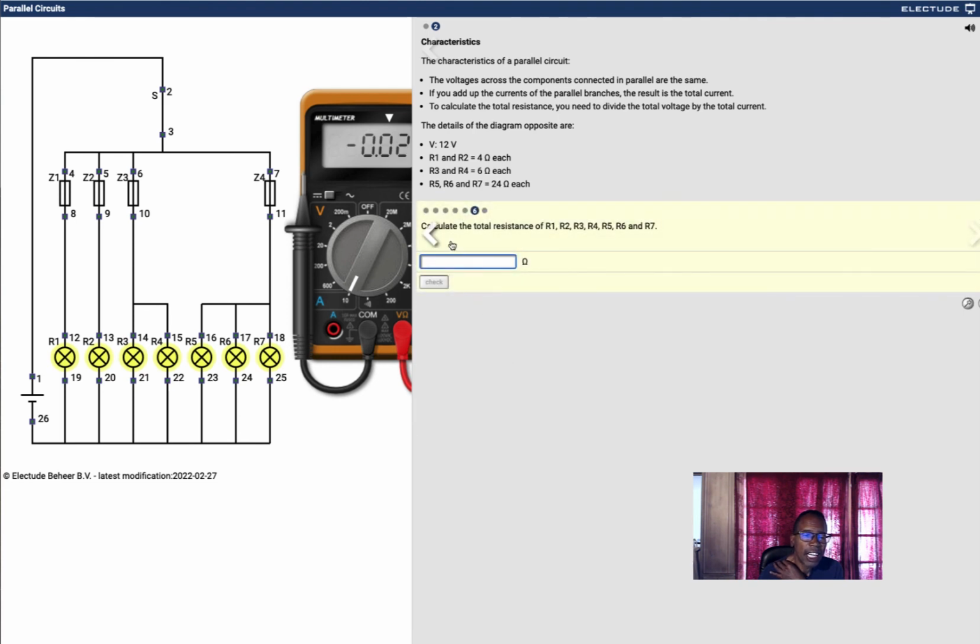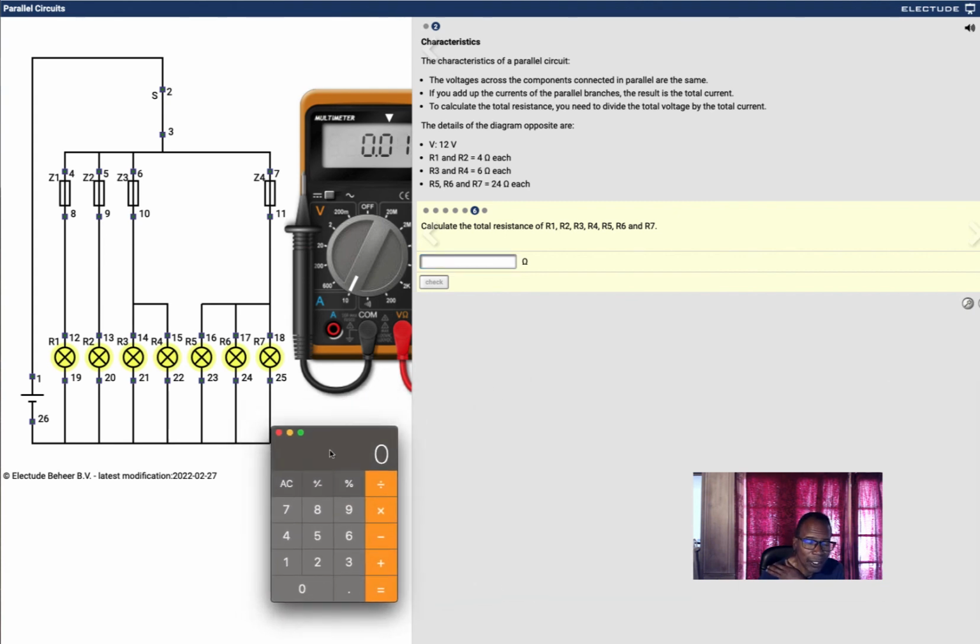Next one. Calculate the total resistance of R1, 2, 3, 4, 5, 6, and 7. So we already know the current is 11.5, and the voltage is 12 volts.